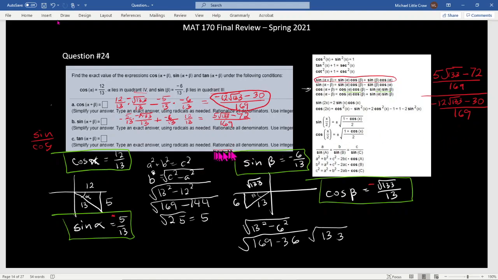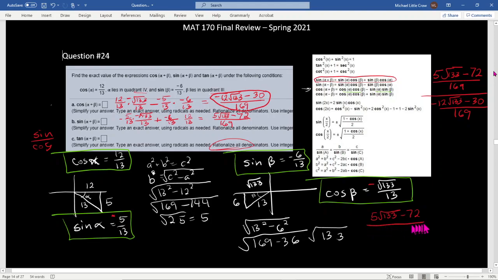This one we may have some problem with rationalizing the denominator. When you've got two fractions being divided, the one on the bottom flips and multiplies. So we get 5 square root of 133 minus 72. When we flip the second one, notice the 169 is in the bottom.